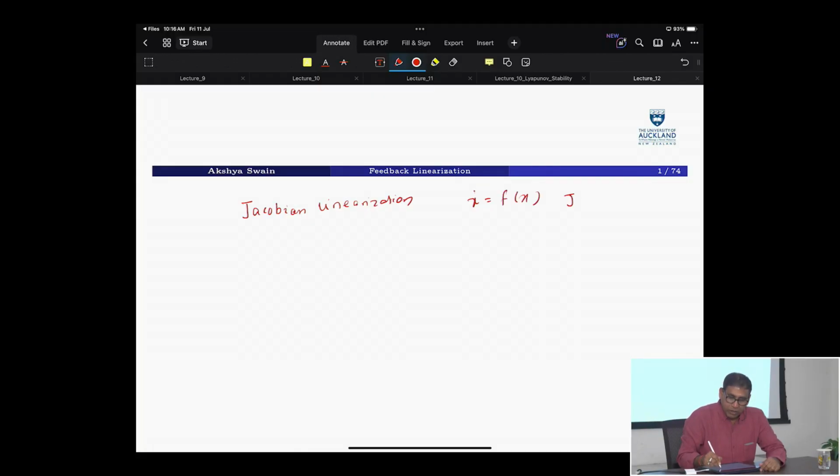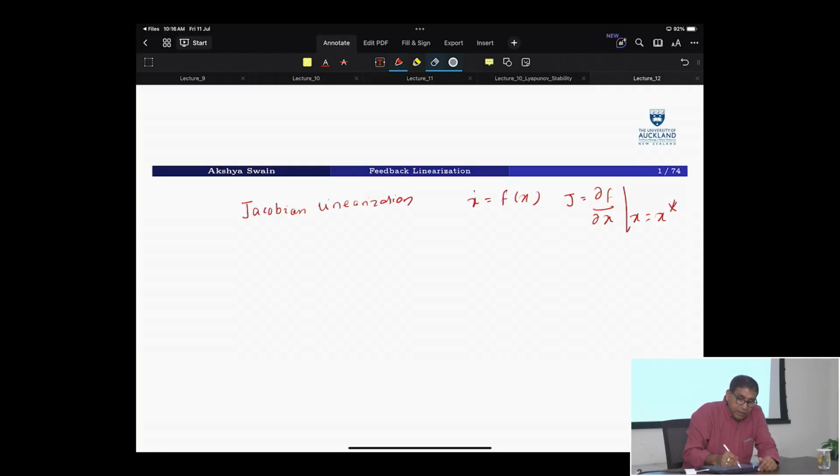You find the Jacobian matrix del f over del x at x equal to x star. x star is the equilibrium point. Okay? And then you start designing. You linearize the system around the equilibrium point. There is a nonlinear system, you find the equilibrium points, Jacobian, all this.